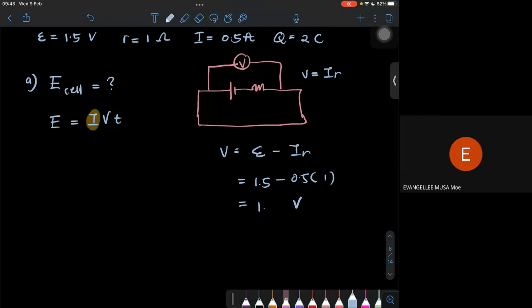Okay. Sekejap. Okay, 1 jam. So now we want to find what is the value for T.